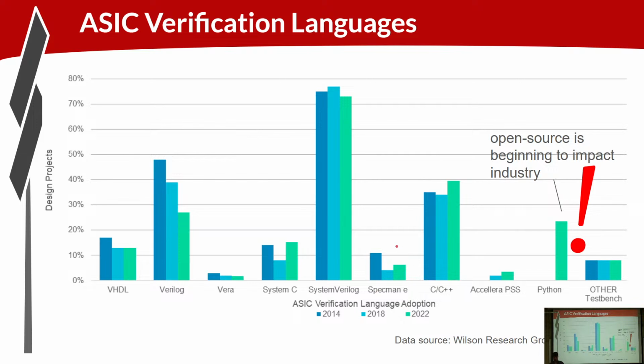SpecMan E, some of my former colleagues worked on that, another language for doing verification. C++, actually Vera, I'm trying to remember if that was incorporated into Verilog in some form, but I forget the details. C and C++, when I started my career, most verification modeling was done in C++.